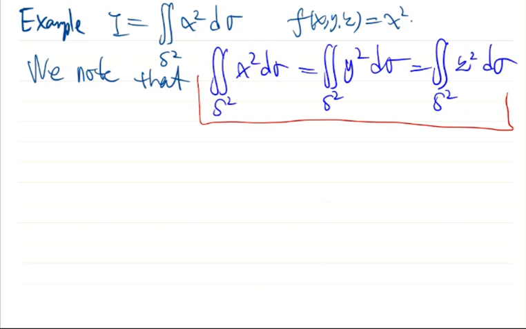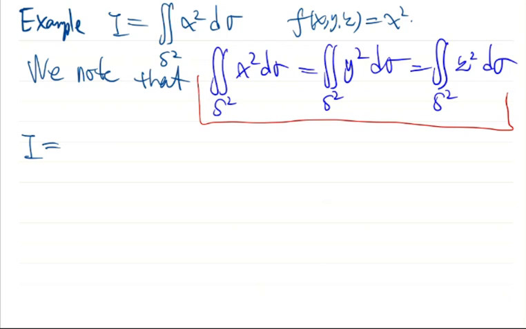Then, because the surface integral and also the line integral are defined using a double integral, or a definite integral for the line integral, the surface integral should have similar properties to the double integral. For example, the surface integral of the sum of two functions should be the sum of their surface integrals.